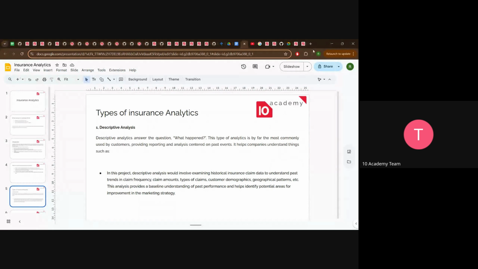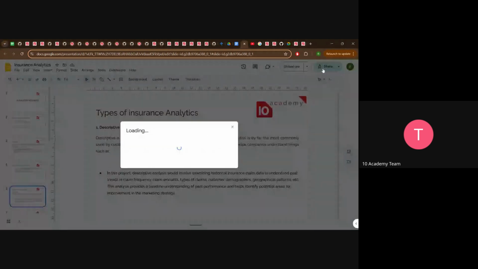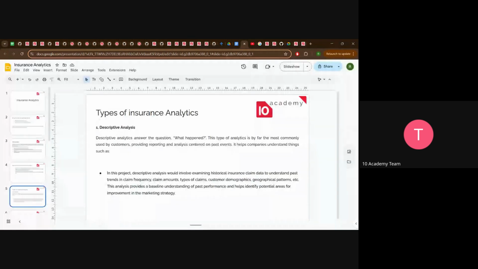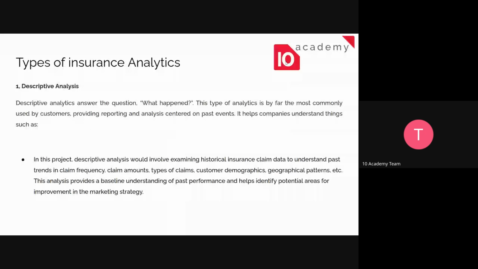So yeah, we were saying about the descriptive analysis, right? Descriptive analysis would involve examining historical insurance claim data to understand past trends in claim frequency and claim amount. So these are the most important aspects that the insurance company would like to track from their claims.